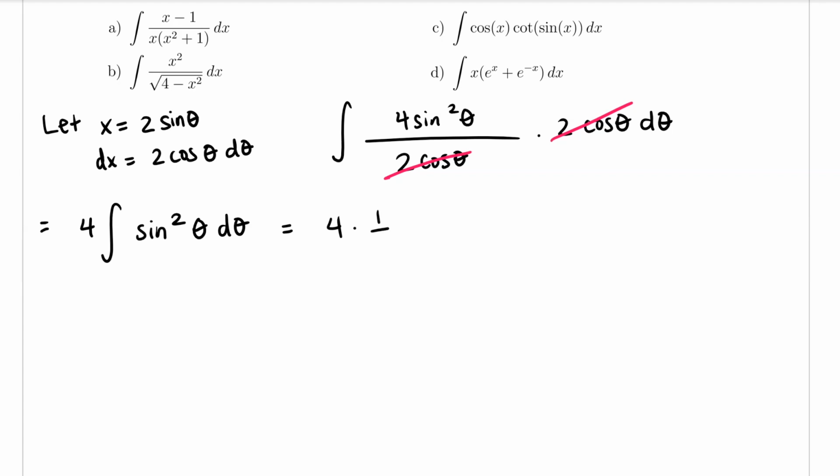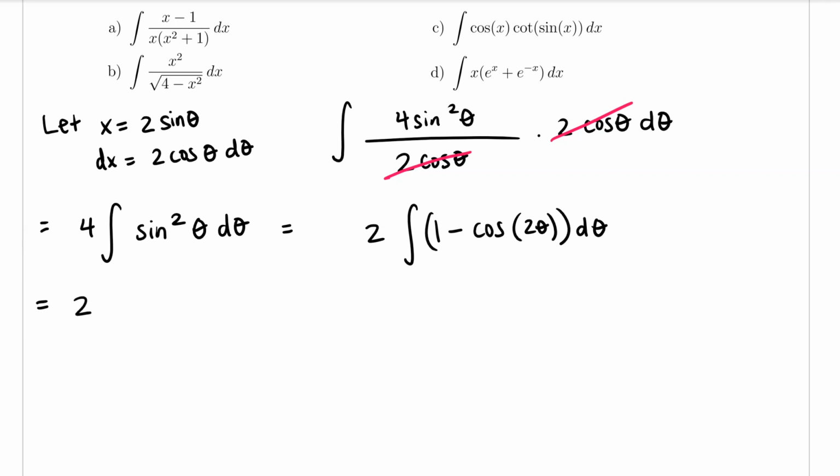and so this will equal 4 times 1/2 the integral of 1 minus cosine of 2 theta d theta. So 4 multiplied with 1/2 is going to give us 2. And then from here, it might be helpful to split this up into two different integrals.